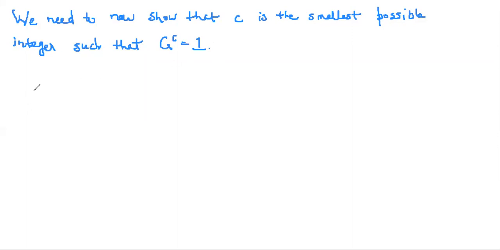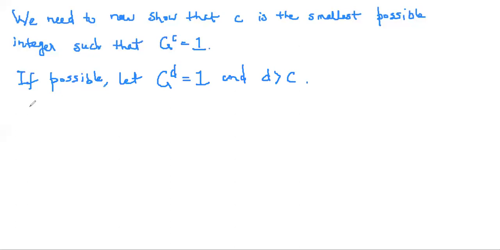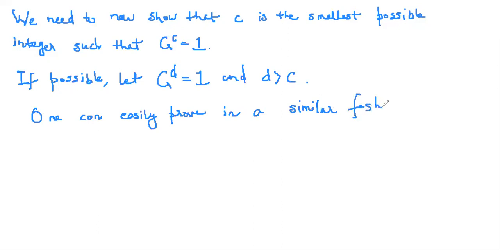So let's prove it. If possible, let G^D be 1 and D is strictly bigger than C. Now, one can easily prove, in a similar fashion, that if G^D is 1, the inequality which we wrote will still hold.